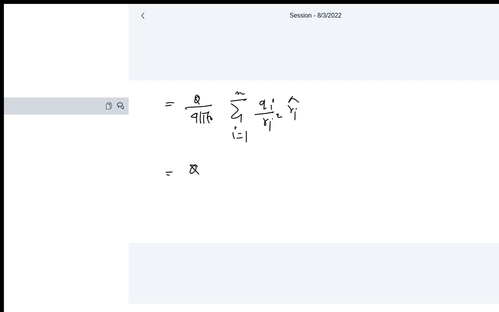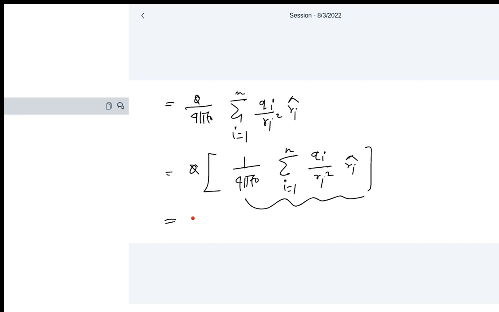So it can be expressed as Q into 1 upon 4 pi epsilon naught summation over i from 1 to N of Qi upon Ri square Ri cap. This term can be expressed as an electric field. So Q into E, where E is called the electric field.